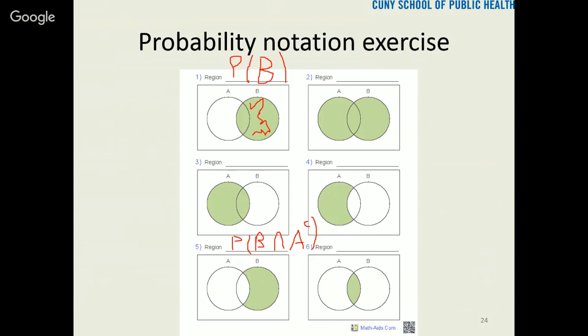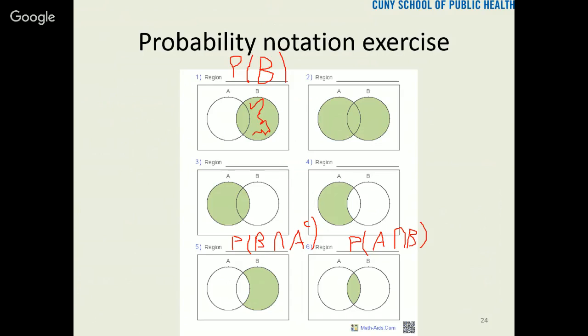And this one here, number 6, what can we call this? Yeah, A intersection B. So this kind of gives a clue as to another much more complicated way we could have given the answer to 1, right?